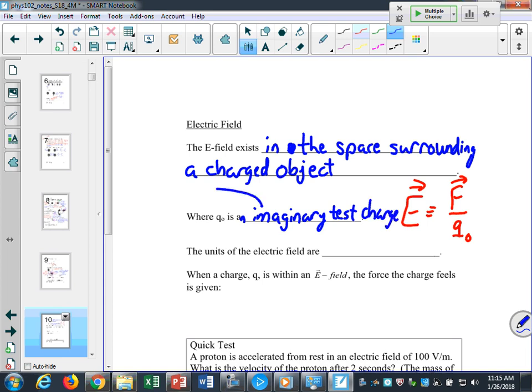It's imaginary. It has no value. It's also, I didn't write this, this is very important, it is an imaginary positive test charge. So it's some charge that has some positive value. It doesn't really matter what the value is. Don't try to assign it a value, because it doesn't even really exist. It's just in your mind.